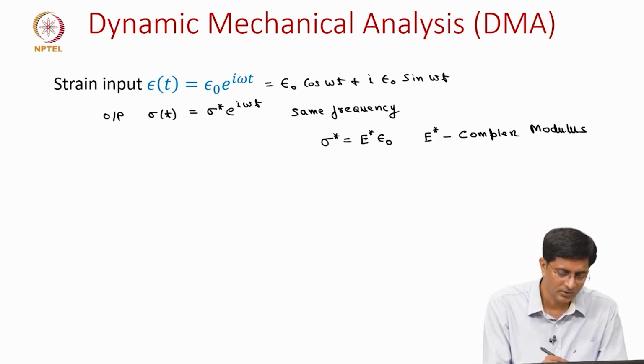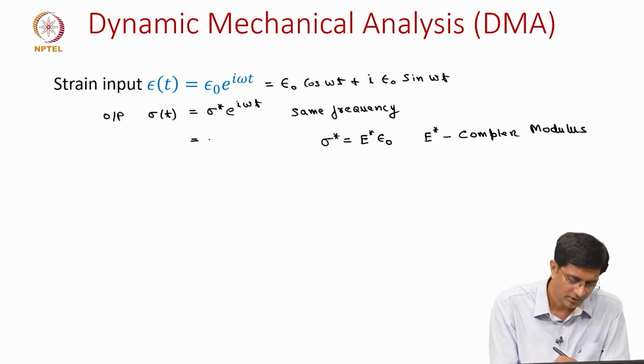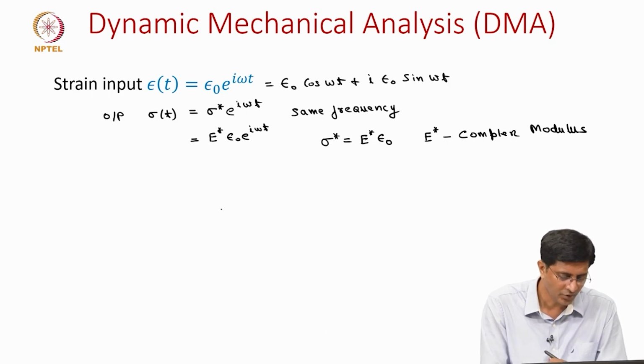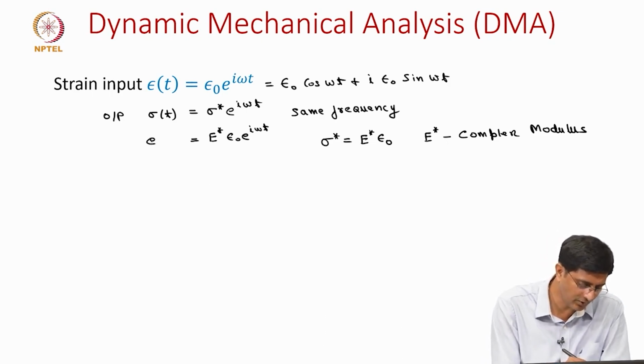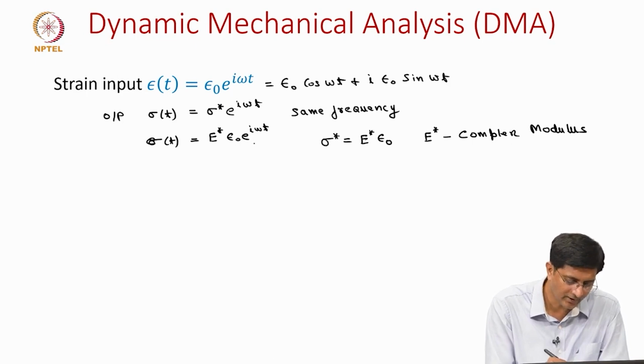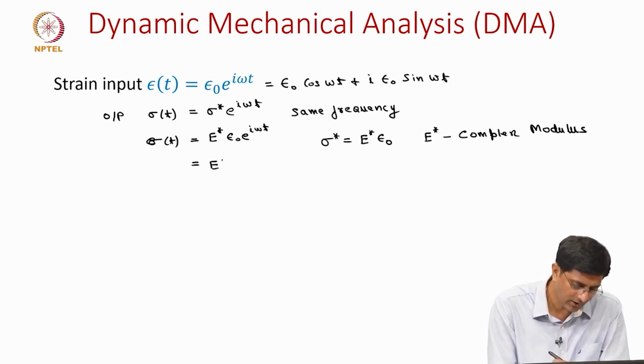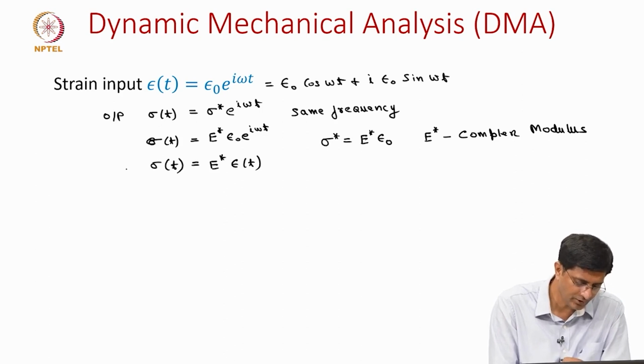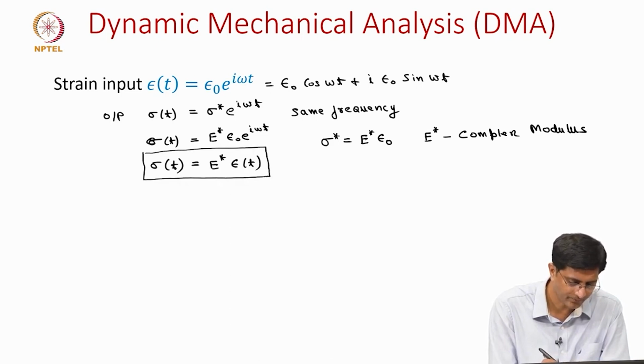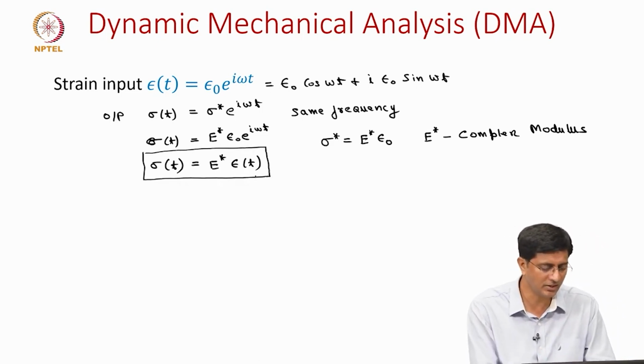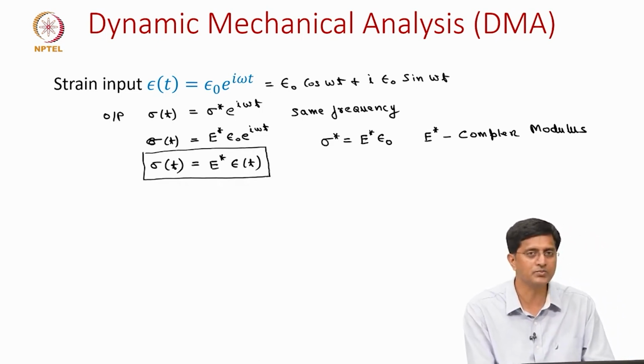Once we substitute this, it will be E star times epsilon naught e power i omega t. If you look carefully at the second equation we wrote, the right-hand term is simply E star times the strain input epsilon of t. So this is one way to look at Hooke's law, saying that the stress and strain are related by this complex modulus.